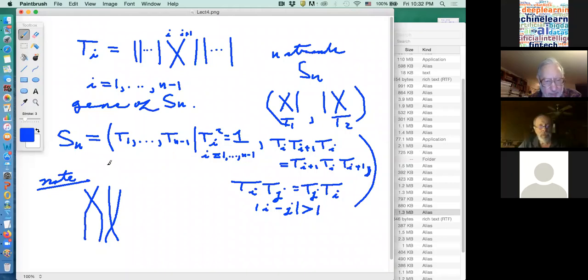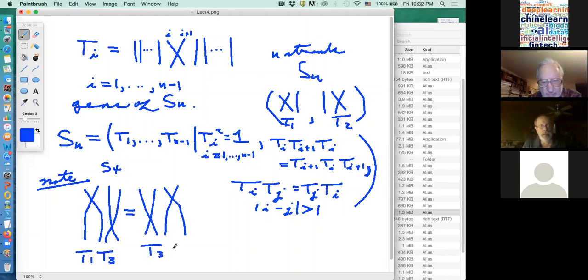Here we have in S4, we have T1 and then T3. And on the other hand, of course, I could do T3 first and then T1. So they commute if they're sufficiently far apart. And if they're only one strand apart, they're sharing a strand, then we have this relation here.